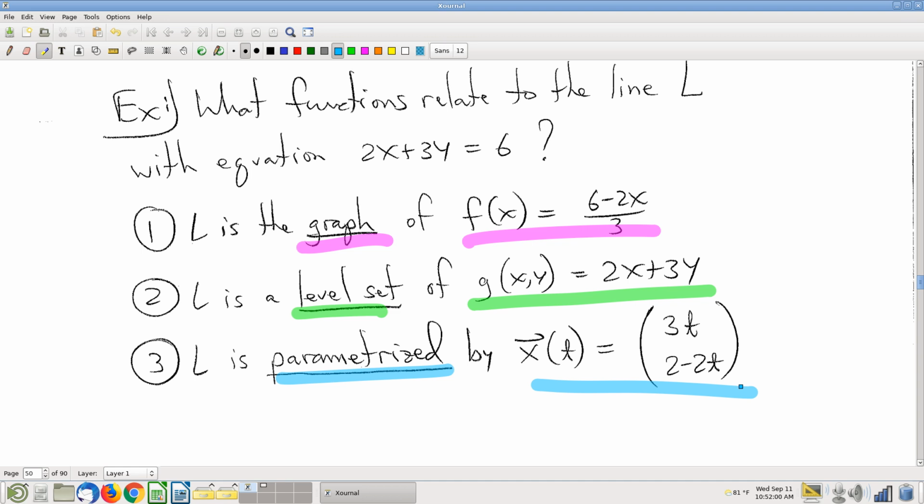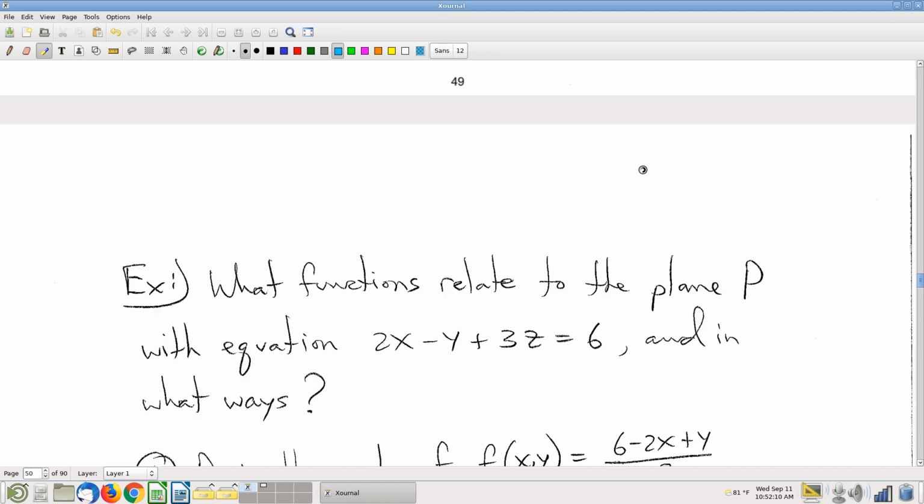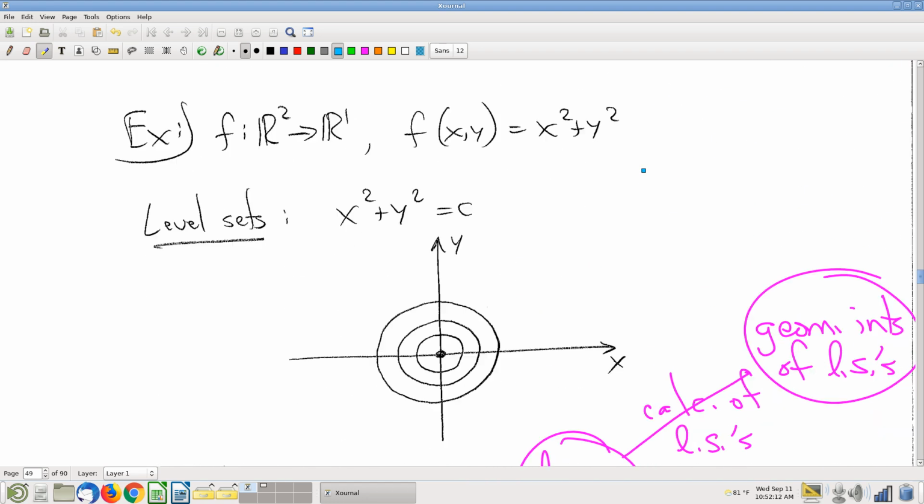Okay, last question. We've got to go on. Is the dimension of a level set not always one less than the dimension of the graph? We're only going to talk in this course about real valued functions. Correction: we're only going to talk about level sets of real valued functions. That being the case, yes.